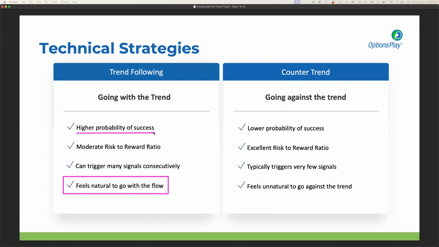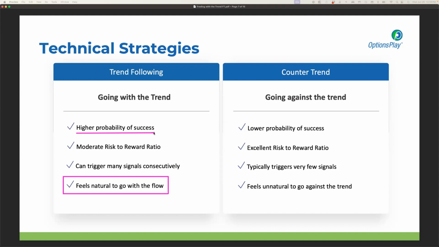But the risk to reward ratio on a trend following strategy tends to be moderate, but more people like it because it's natural to go with the trend and you generally have a higher probability of success. But it's important to understand the trade-off with a higher probability of success strategy, which is the fact that when you follow a trend, the very definition of following a trend means that the trend has already been established before you jump on.